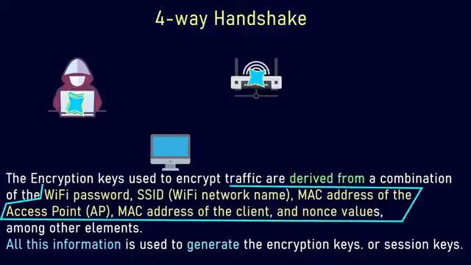These elements undergo a cryptographic function to generate session keys, which encrypt data during the Wi-Fi session. It is important to note that these elements are not directly combined to generate session or encryption keys. Instead, they go through four distinct steps within the four-way handshake process.